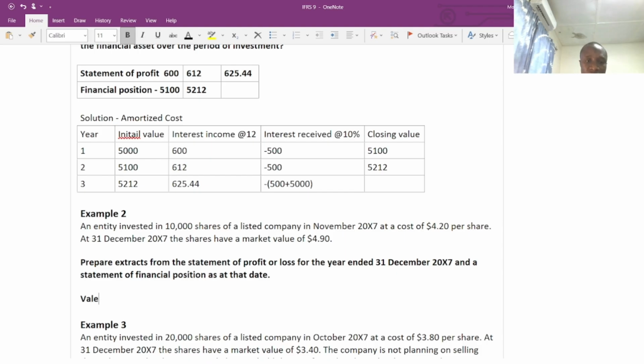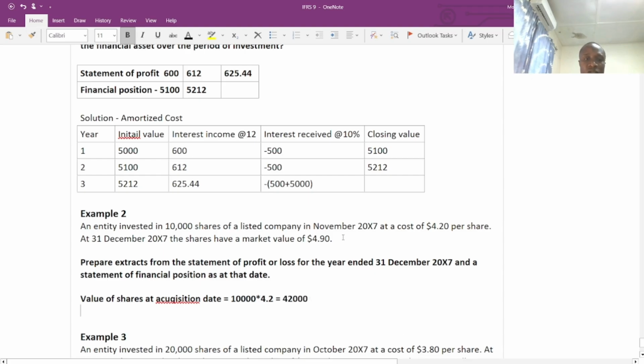Value of share at acquisition date equals 10,000 shares multiplied by the share price at that date, 4.2, which gives us 42,000.